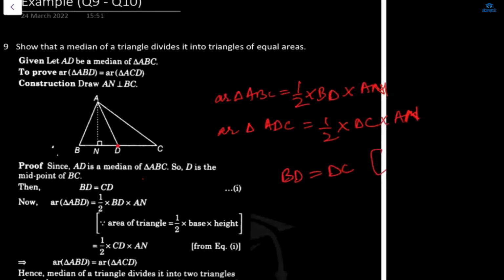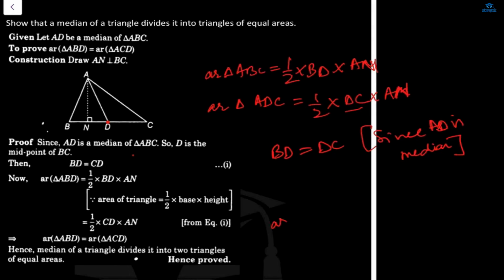Why? Since AD is the median. So you can write DC instead of BD, or BD instead of DC. Therefore, area of triangle ABD is equal to area of triangle ADC.